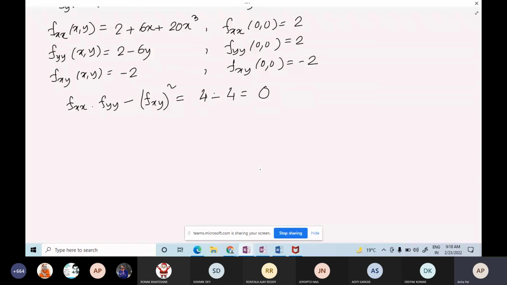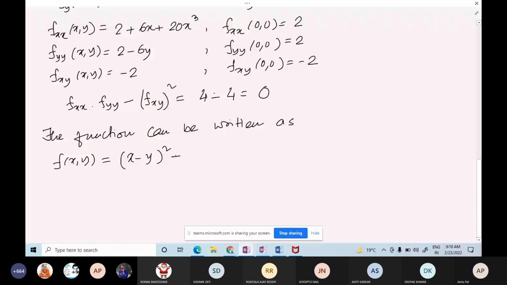Now, let us see how we can do it. The function can be written as f(x, y) equals x minus y whole square plus x to the power 5 plus x minus y into x squared plus xy plus y squared.